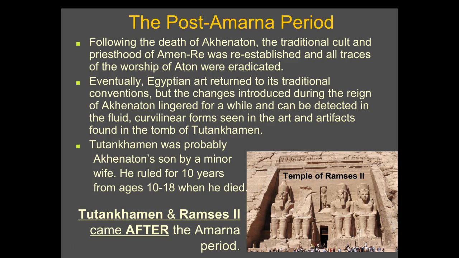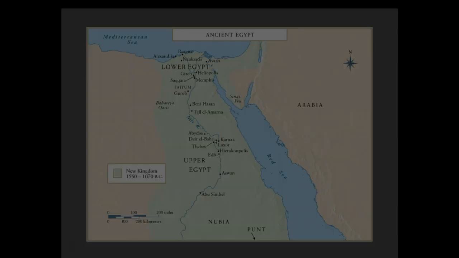So we kind of see that in Tutankhamun. Tutankhamun was probably Akhenaten's son by a minor wife, so not by his head wife, not by Nefertiti, but that's where that connection kind of comes into play.